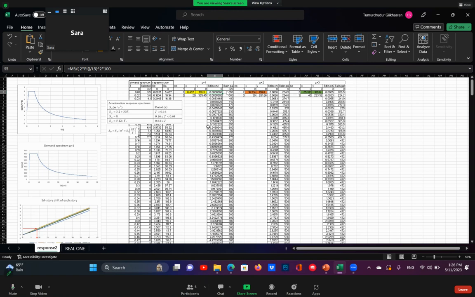You forgot it, and that's why we got 0.6 just now. You have to calculate it. Also, there is a reduction factor for the spectrum.